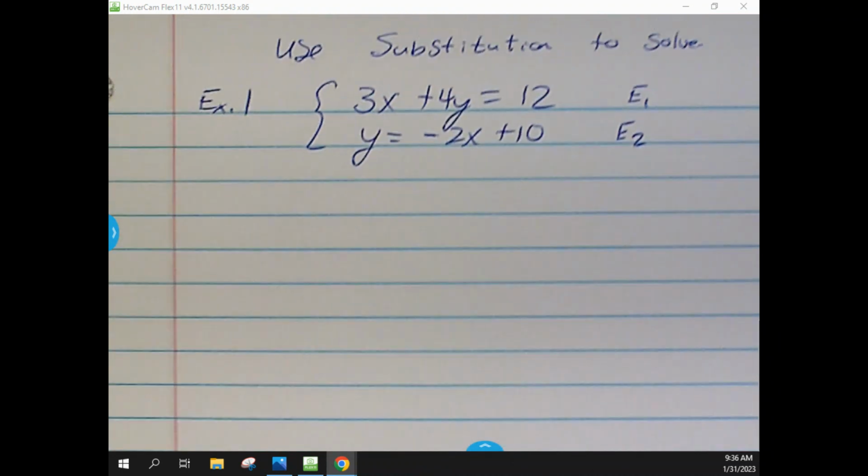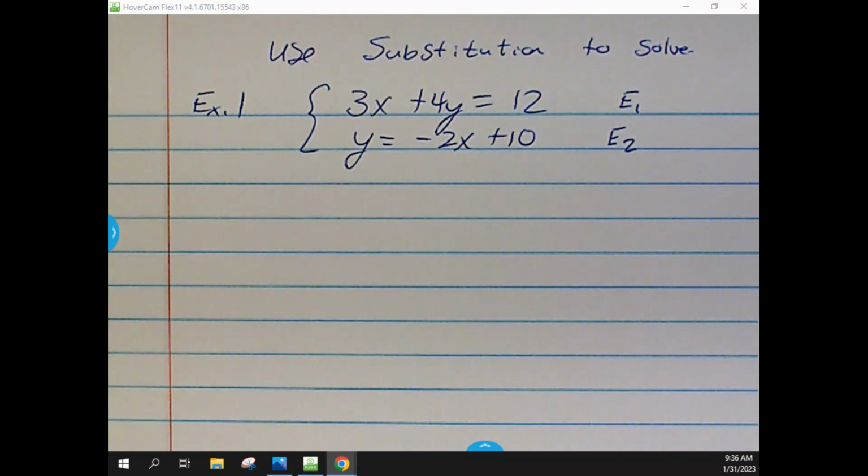Again, this one would be one where they would tell you specifically to use substitution to solve it.